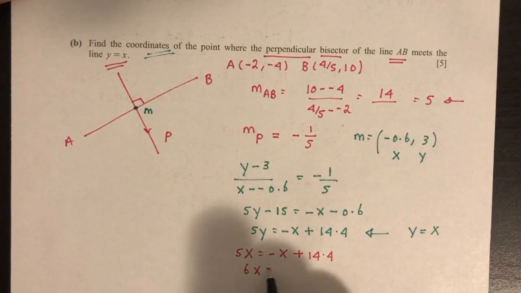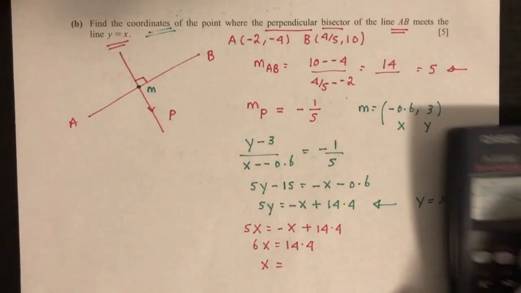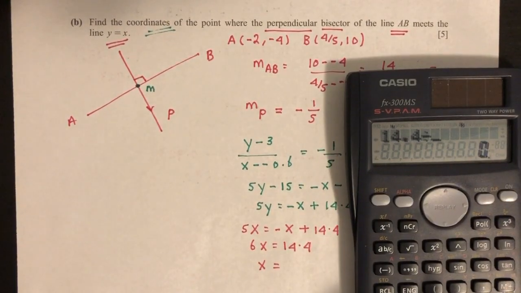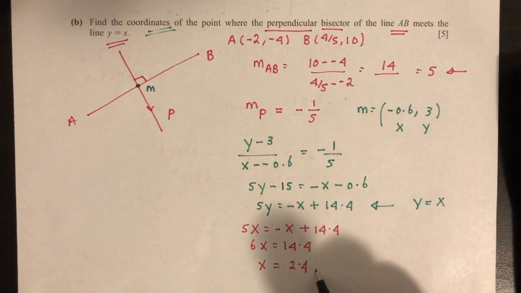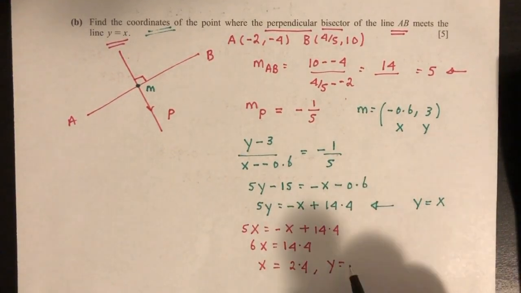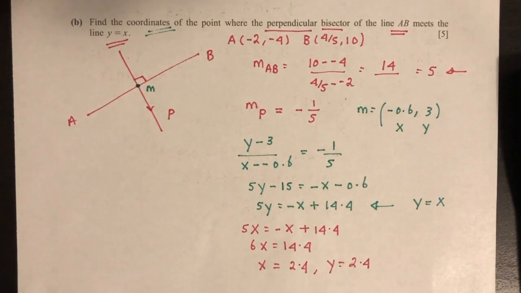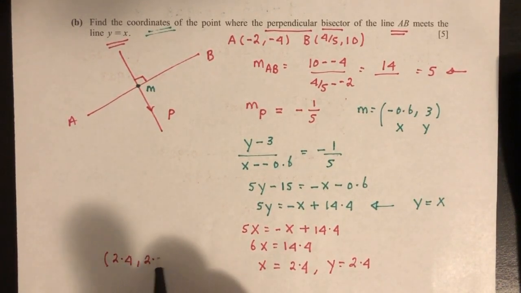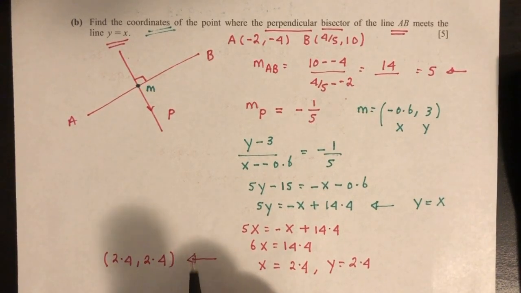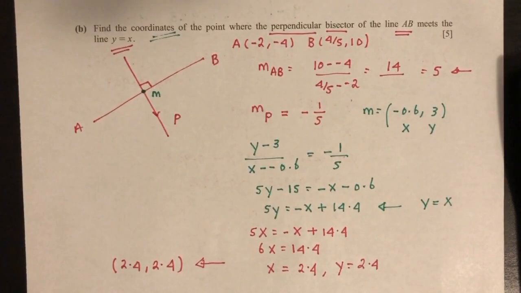So 6x equal to 14.4, which means x equal to 14.4 divided by 6, that will be 2.4. Replace x in this, y is also equal to 2.4. So the point will be 2.4 and 2.4. This will be your answer for question number 6.